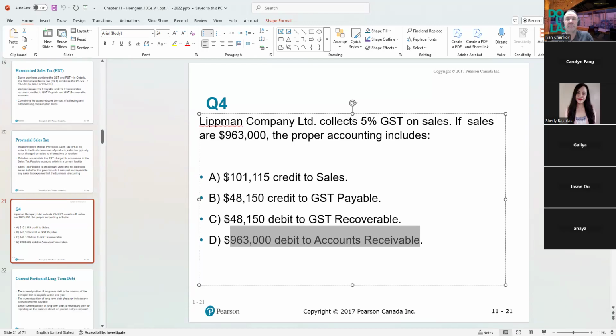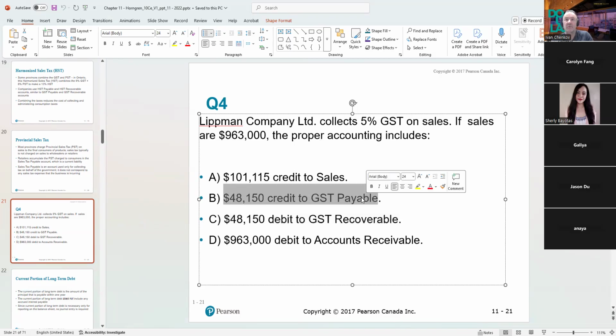No. Is it possible this to be credited to sales? No. Is it possible then for GST recoverable to be involved in this transaction? No. Again, do I need to use the calculator to come up with this answer? No. Exactly. That's another way for you to come up with the answer.